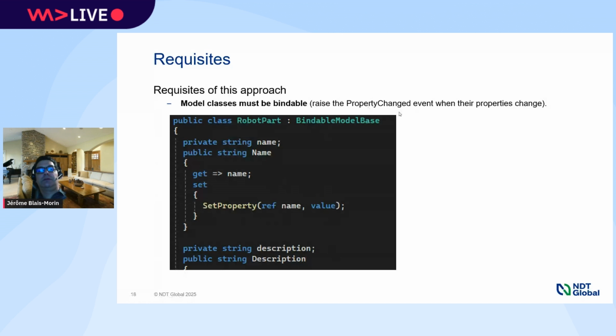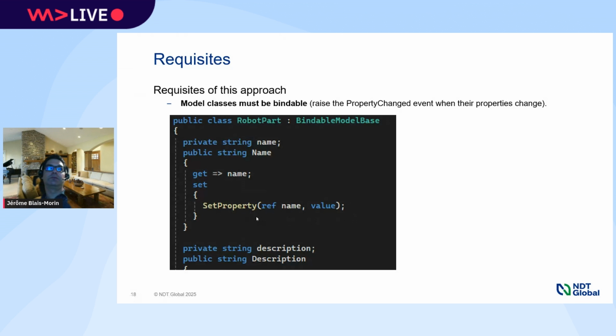But now in our approach, if you don't just show little pieces of information in the view model, but you hold a full context and a full class, then the class must raise the property changed event. So this needs to be there. Hopefully you have a possibility to change it. If you don't, you would not be able to use this approach.